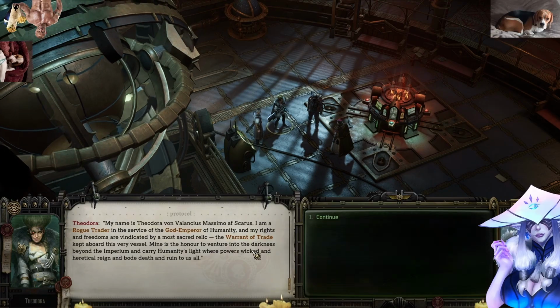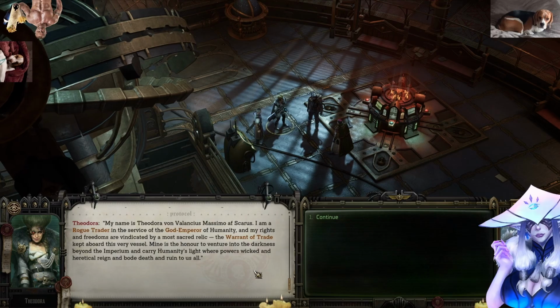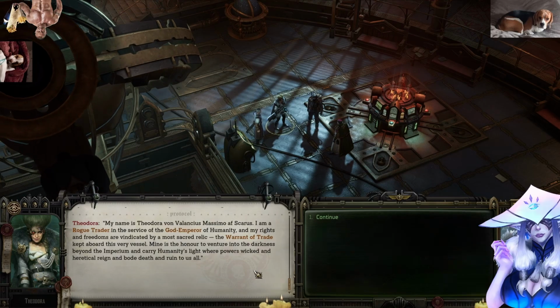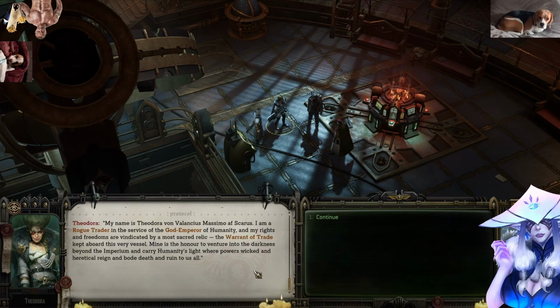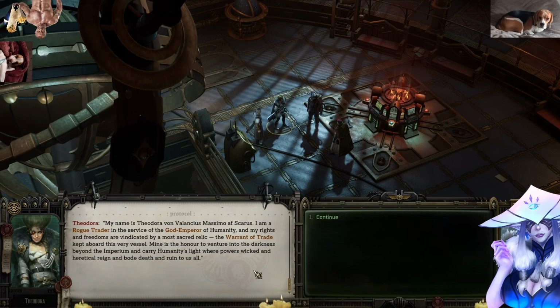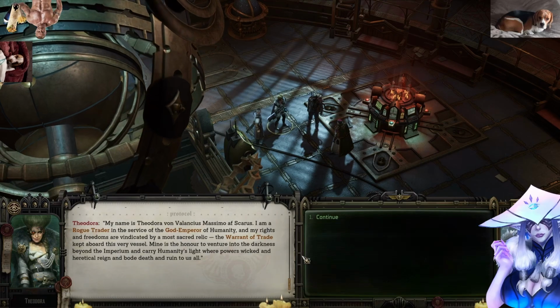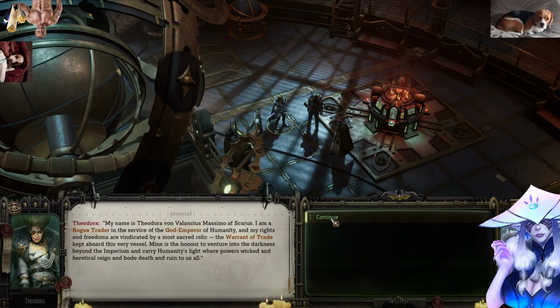The warrant of trade, kept aboard this very vessel. Mine is the honor to venture into the darkness, beyond the Imperium, and carry humanity's light where powers wicked and heretical reign, and bow death and ruin to us all.